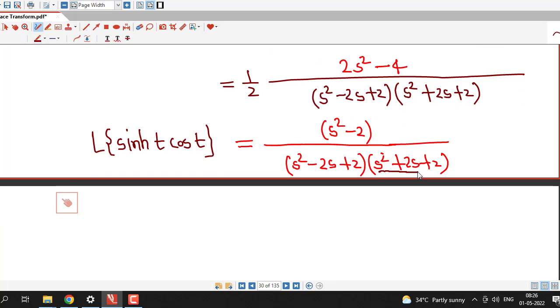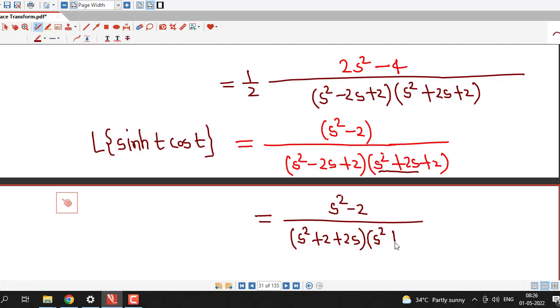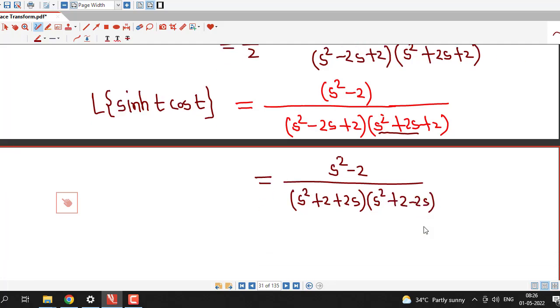We can use the formula for this using a plus b into a minus b, s square minus 2. If we observe here, we have s square plus 2 plus 2s, and s square plus 2 minus 2s.